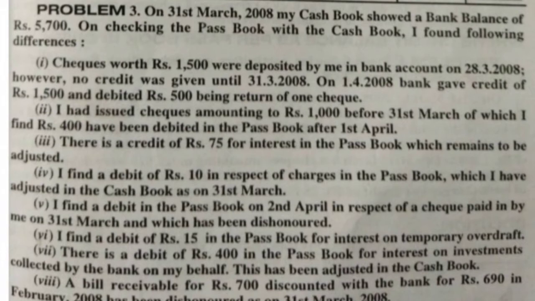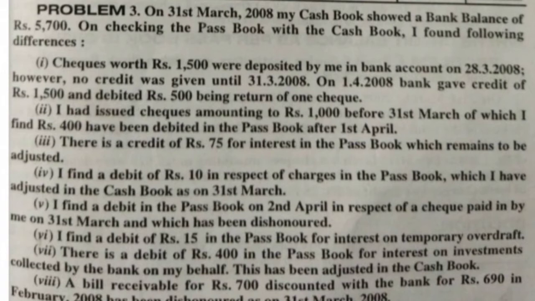See, it is a separate transaction, so keep it aside. 500, keep it aside. Let us see about 1500. What is happening with 1500? So it is a transaction of 28th March, but it is being credited into the bank account on 1st April 2008.